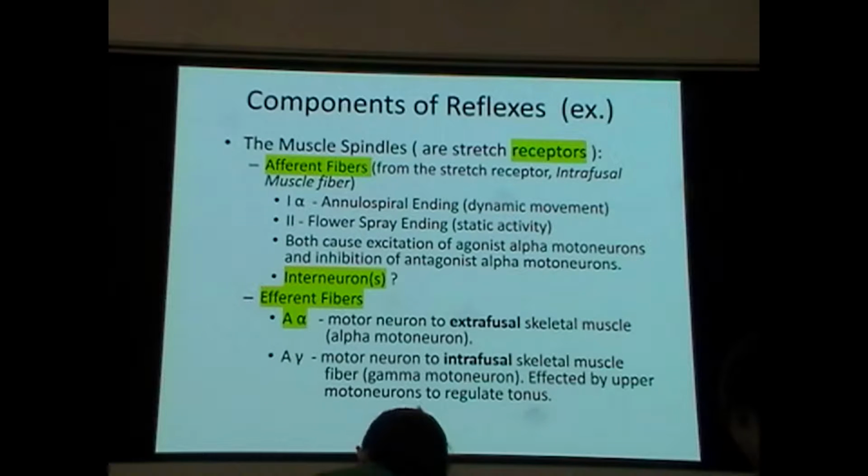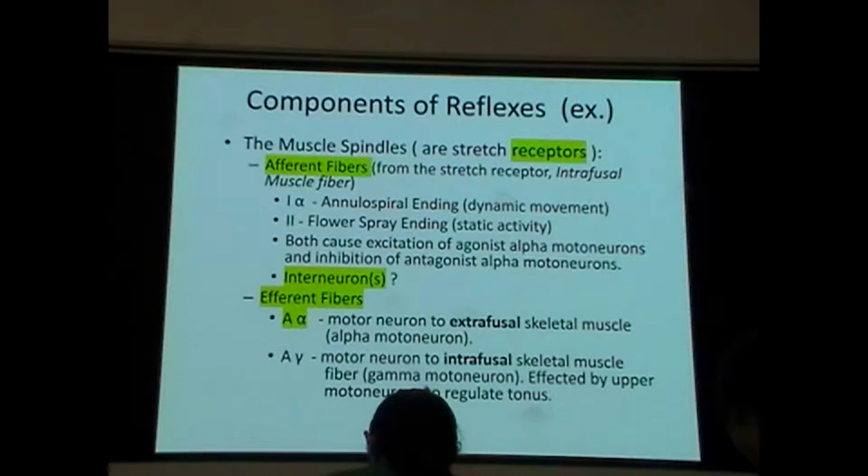The other thing that you have here is what was referred to as a 1A, or an annular spiral ending. We'll see that a little bit this morning, but also tomorrow. It wraps around the center of the spindle, the beginning of the afferent fiber, and then it extends into the posterior root of the spinal cord or into the posterior aspect of the brainstem.